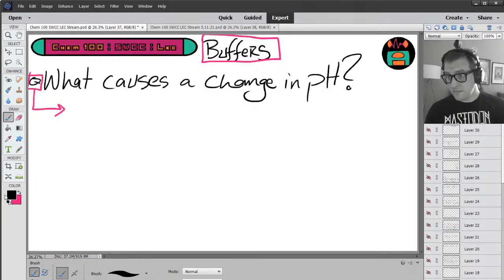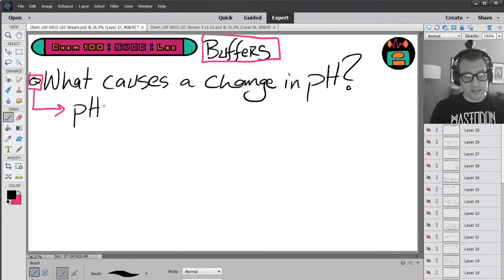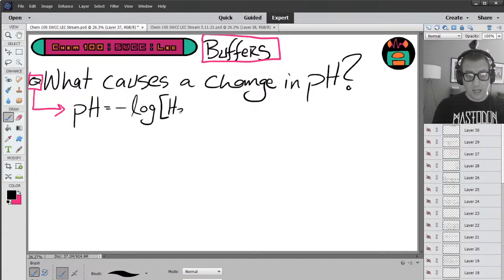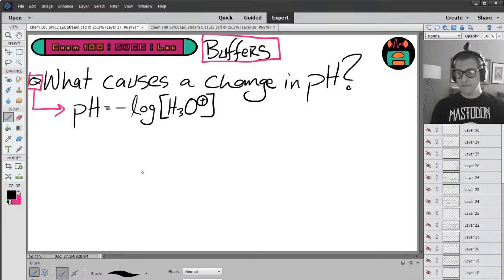To answer that question, you got to know what the pH is. pH is equal to -1 times the logarithm of the molarity of hydronium, right? So something that's going to change the concentration, change the molarity of hydronium, is going to affect the pH.